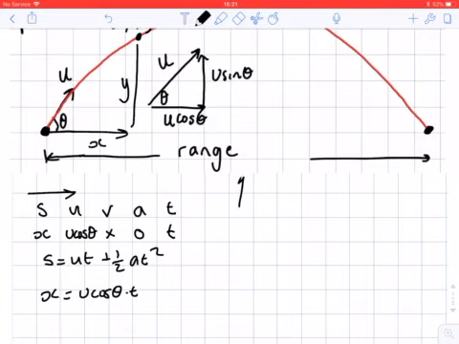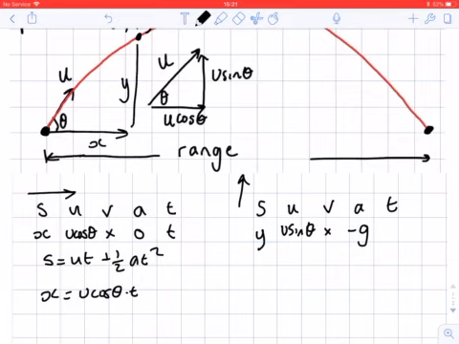If I now look in my vertical and apply suvat again, we have a few more elements. s is our displacement in the y. u is u sine theta. v we don't know anything about. a is now minus g, because remember all the acceleration happens in the vertical and we've used upwards as positive, so acceleration is downwards, negative.